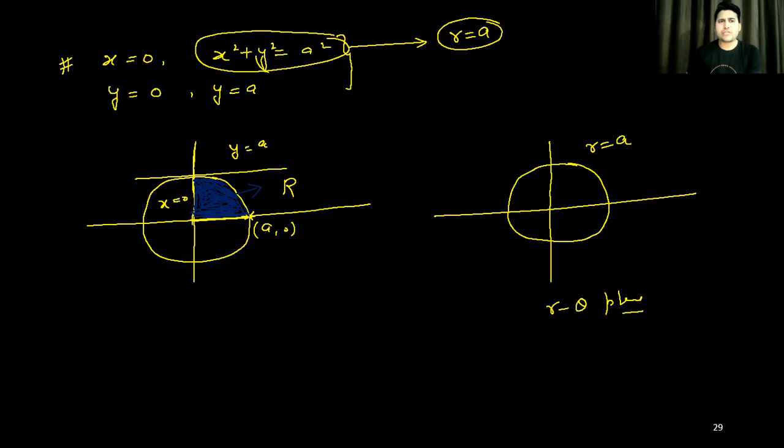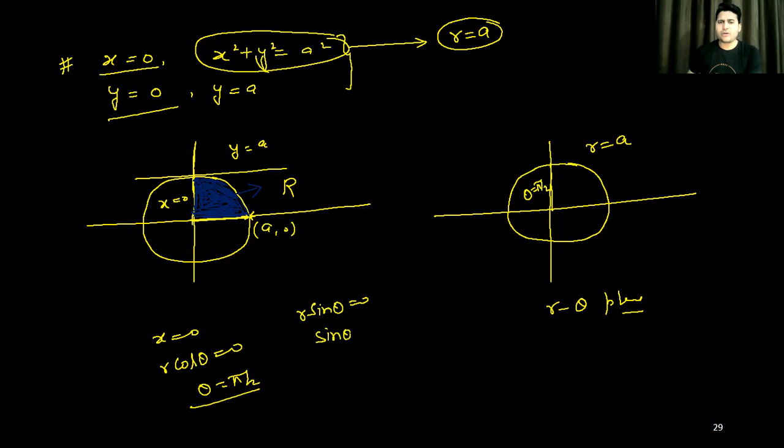Moreover, x equals 0 means what? r cos theta equals 0. r cos theta equals 0 means theta equals pi by 2. So this is the line theta equals pi by 2. y equals 0 means r sin theta equals 0, that is sin theta equals 0, so theta equals 0.